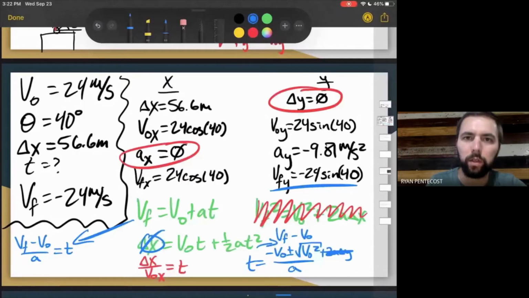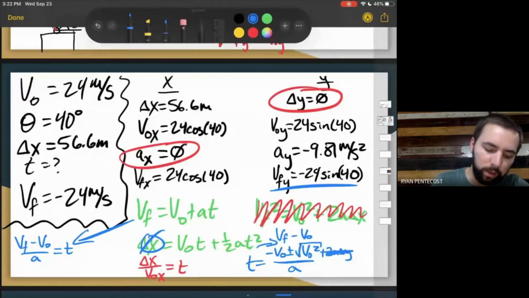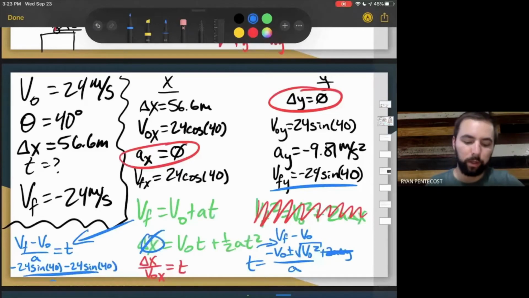So let's actually do both real quick. I'm interested to see if we're going to get different answers if we solve for time. So V final on this side is negative 24 sine of 40 minus 24 sine of 40. You could also just do 48 sine of 40, right? And then divide that by negative 9.81. Let's see what we get.